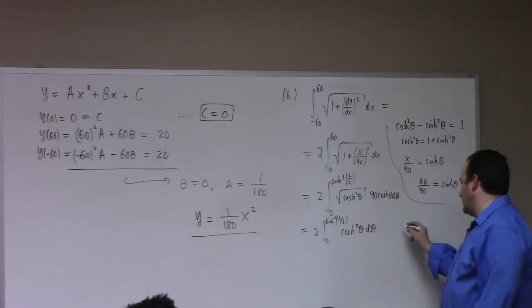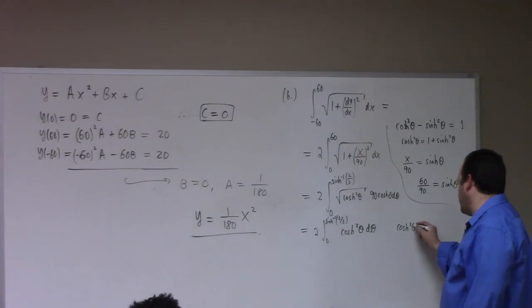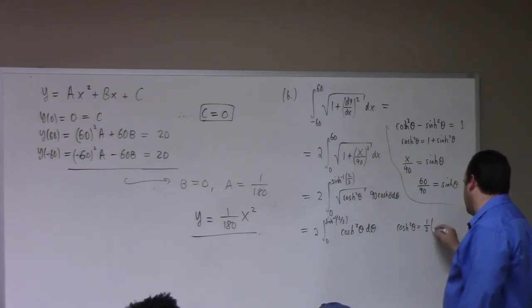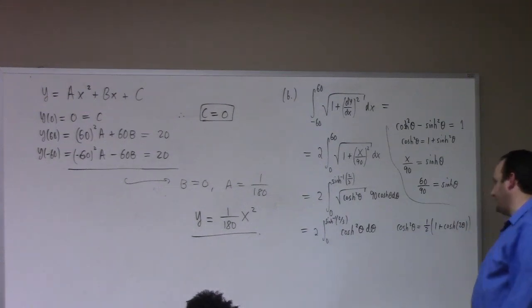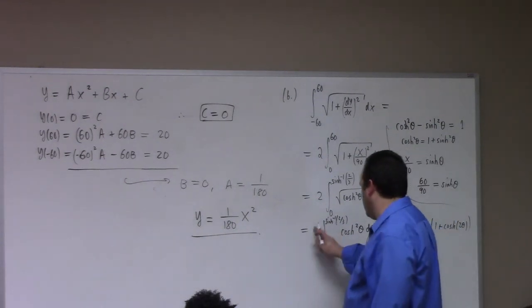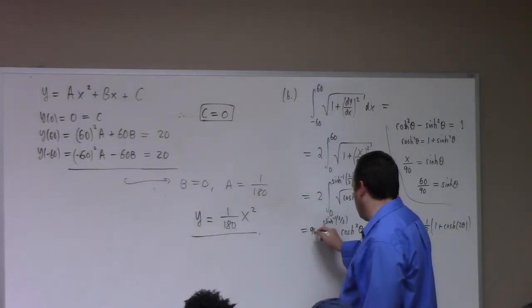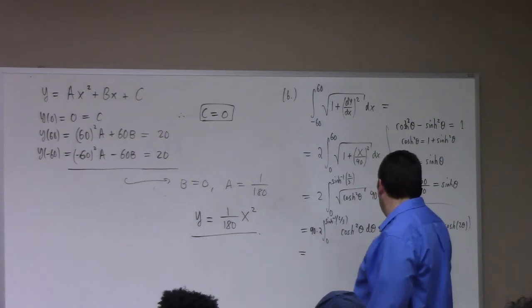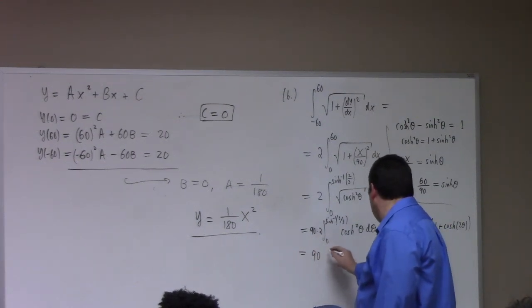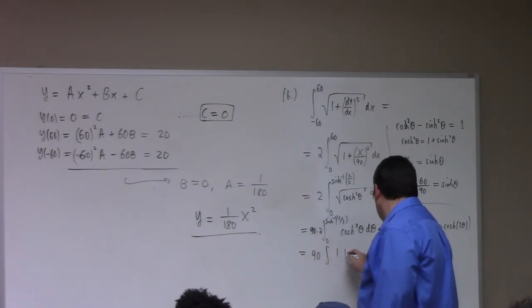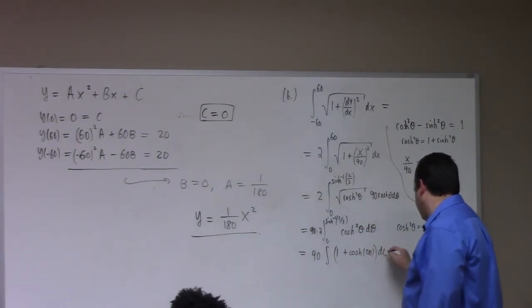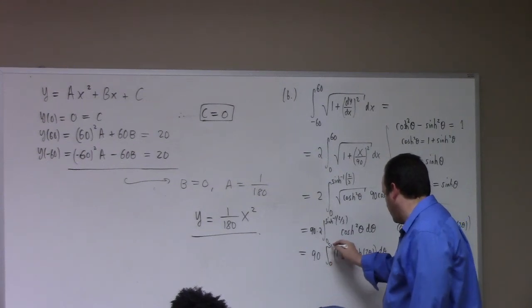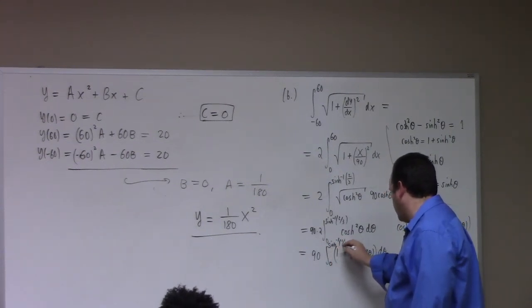I would remind you that cosh squared theta, there's various ways to do this. Here's one I'm fond of. This is (1 plus cosh 2 theta) over 2. And there's a 90 I just lost. So the 2's cancel. We get 90 times the integral of 1 plus the hyperbolic cosine of 2 theta d theta, 0 to inverse sinh of 2/3.